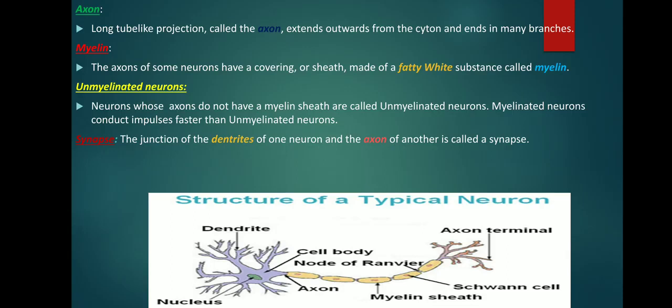An impulse can travel uninterrupted from any part of the body to the brain and spinal cord. Impulses can also travel from the brain and the spinal cord to the rest of the body. The junction of the axon of one neuron and the dendrites of another is called a synapse.